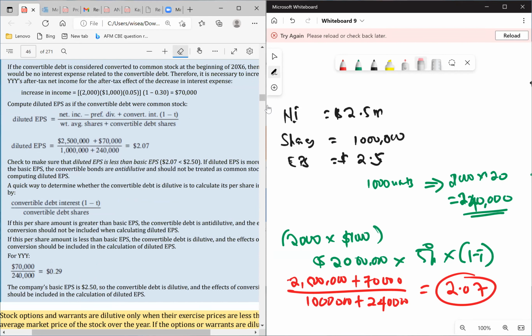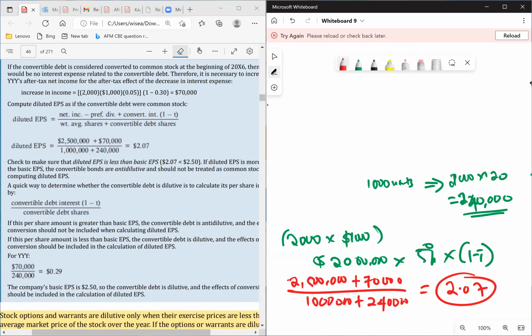So the simplest way to calculate this is this formula here: convertible debt interest times 1 minus T over the number of convertible debt shares. So this will help you determine if the shares are dilutive or anti-dilutive.